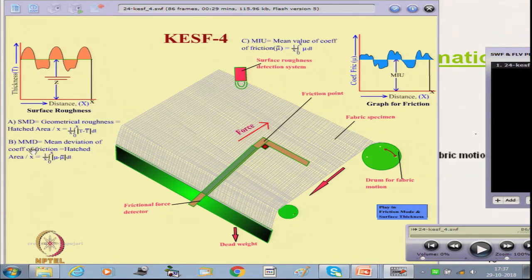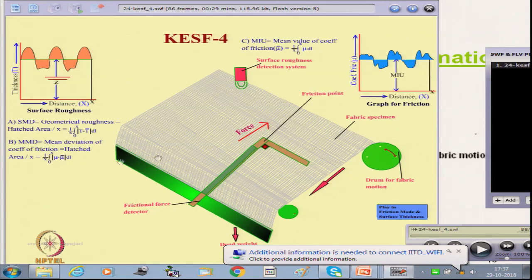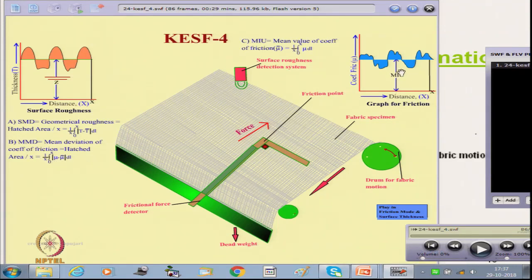And the mean deviation of coefficient of friction is the area of the hatched portion. From there we can calculate the mean deviation of friction, that is MMD, and also we can calculate the mean value of friction, which is MIU.